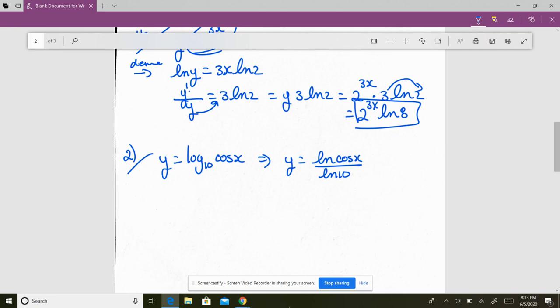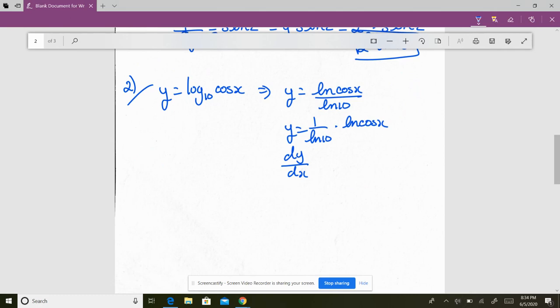So this is just a natural log function now. I can pull out the constant, 1 over natural log of 10, times the natural log of cos x. So dy dx, I don't even have to do what I did up here and natural log everything.